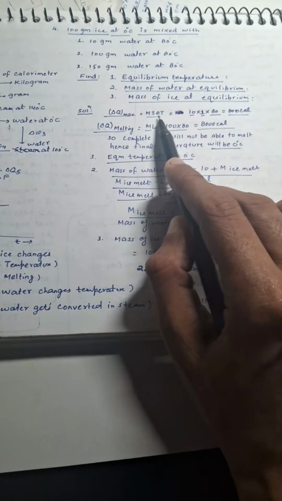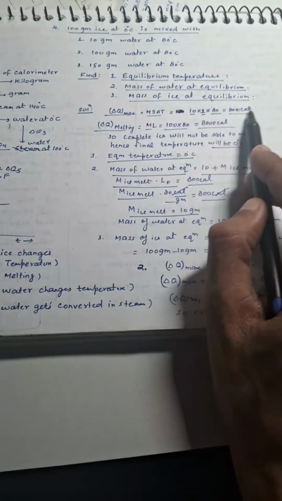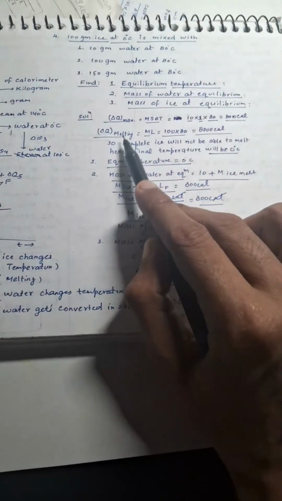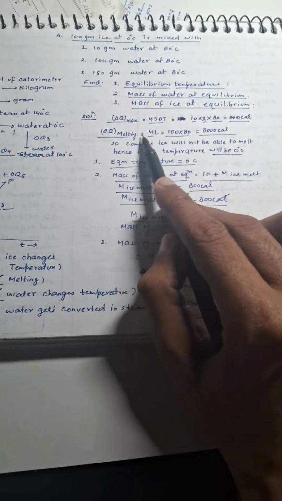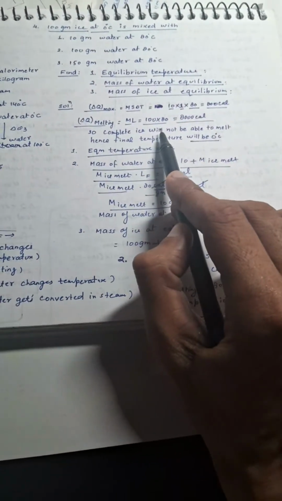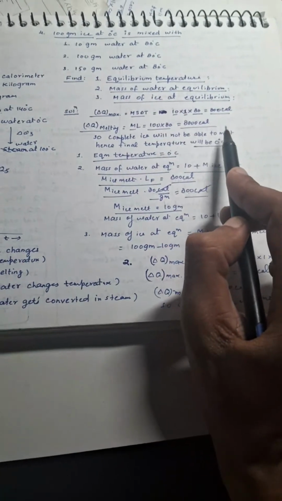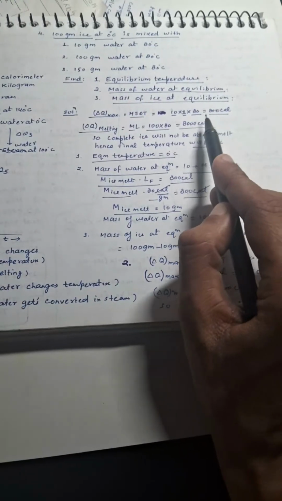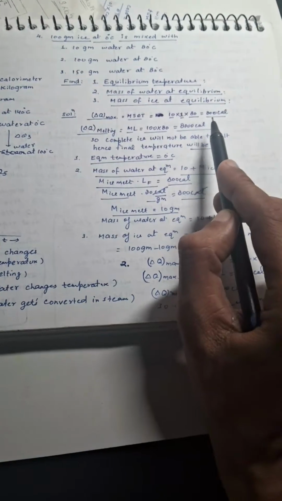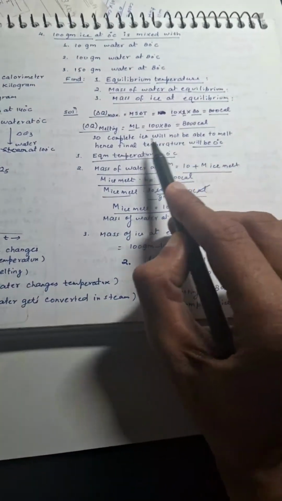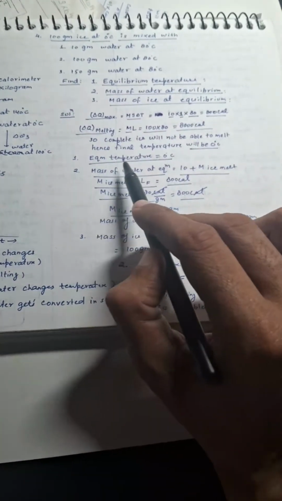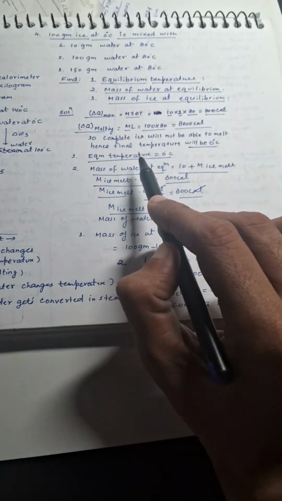So it comes out to be msΔT, and after calculations it's about 8000 calorie in the first case. Now the heat required to melt ice is also 8000. So that means complete ice will not be able to melt.